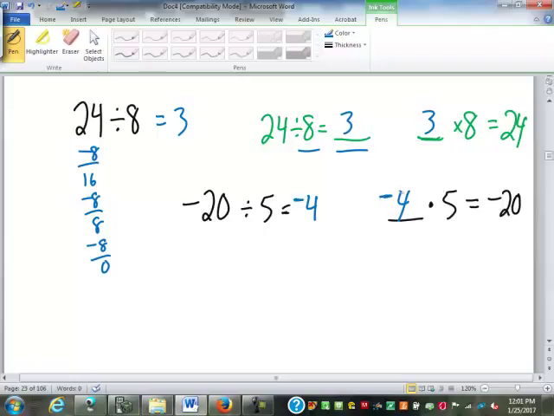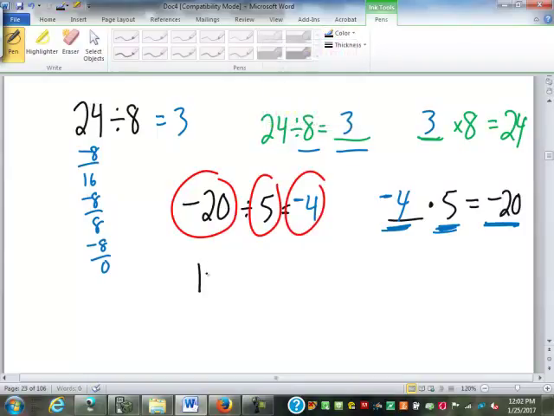Has to be negative. For the 20 to be negative, since the 5 is positive, this has to be a negative 4 times positive 5 to give us a negative 20. Because a negative times a positive is a negative. So therefore, a negative divided by a positive has to give us a negative.